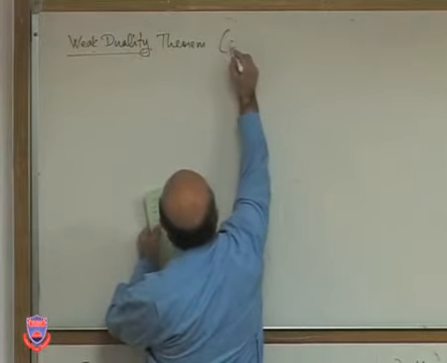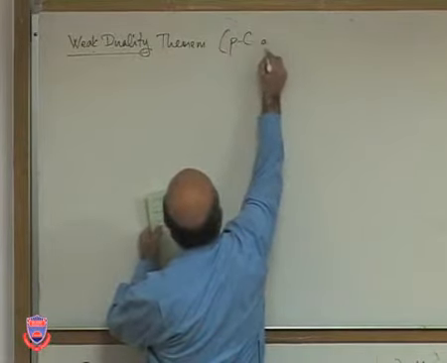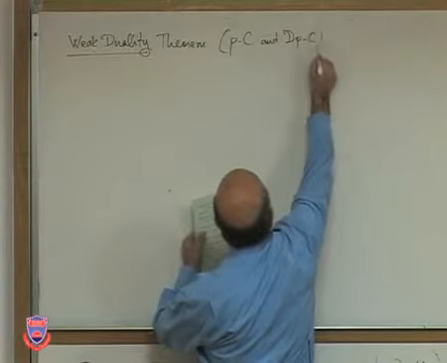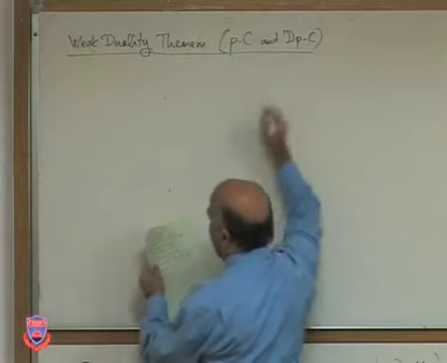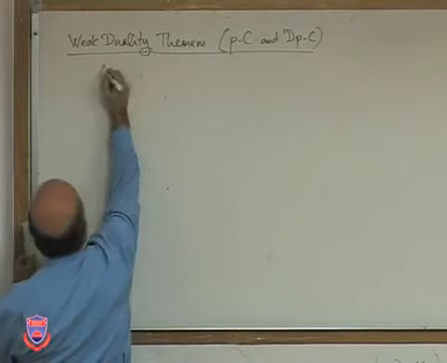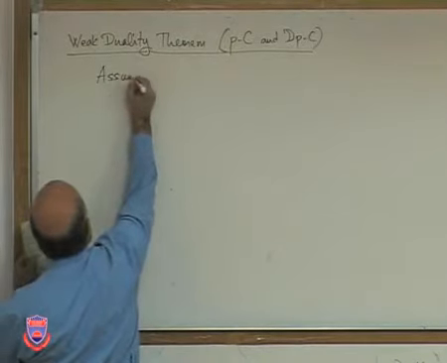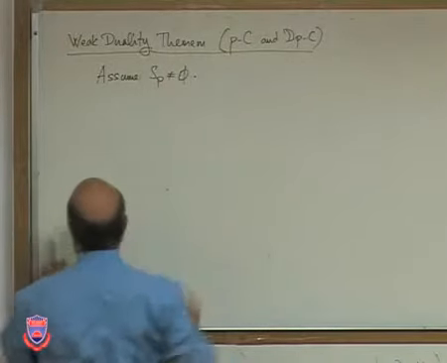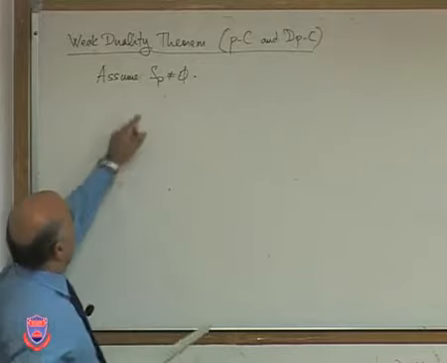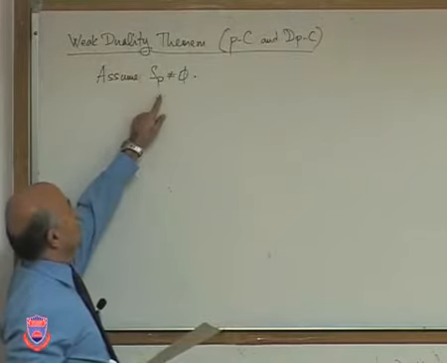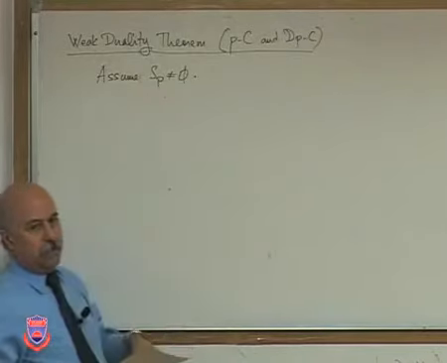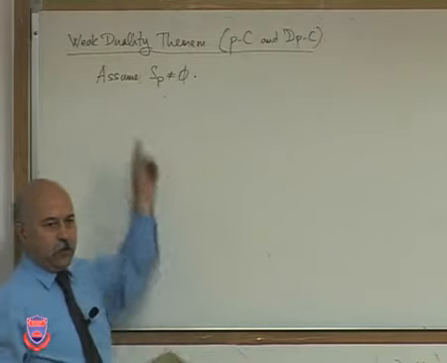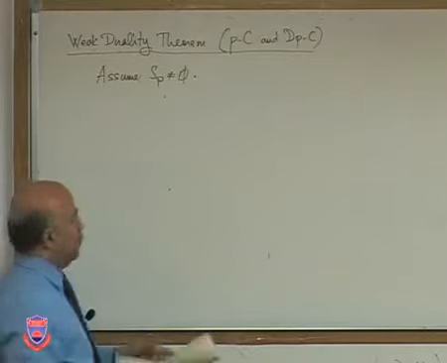As related to the P-center problem and the dual of the P-center problem. Assume there's a feasible solution to the P-center problem. Because of the upper bounds on the distances, we may or may not have a feasible solution. I just assume there's a feasible solution.